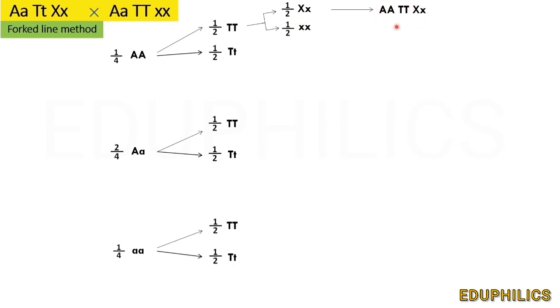Now the probability of this genotype is 1/4 into half, which is 1 by 16. Notice here the probability is changed because the genotypes of the parents have changed. Earlier you have seen that capital T small t is crossed with capital T small t, but here it is crossed with a homozygous dominant. That's why the probabilities have changed here.